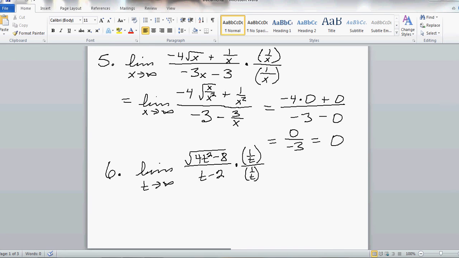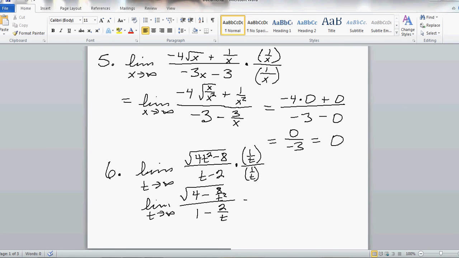Once again, for the same reason, we're going to bring it under the square root. So when we bring it under the square root, it's actually going to be 1 over t squared. So we get the limit as t approaches infinity of 4t squared over t squared is 4 minus 8 over t squared all over t times 1 over t is 1 minus 2 over t.